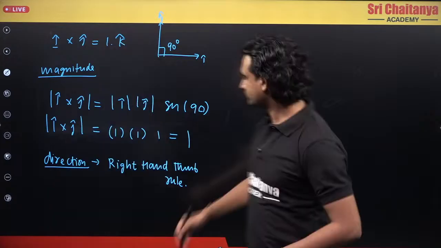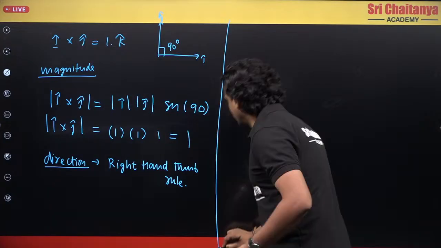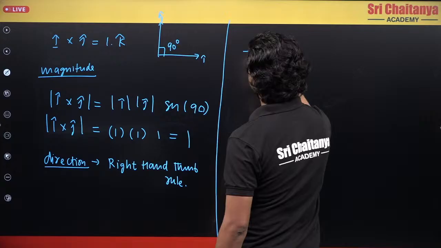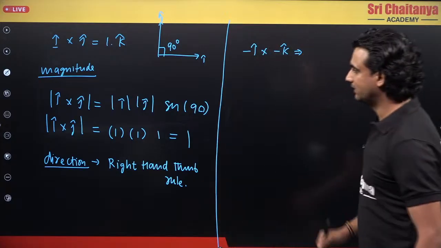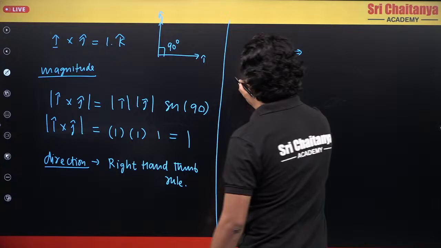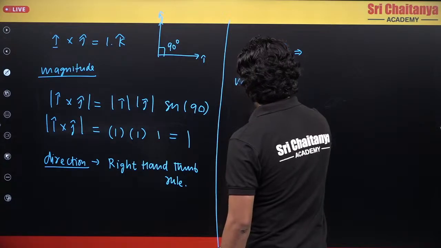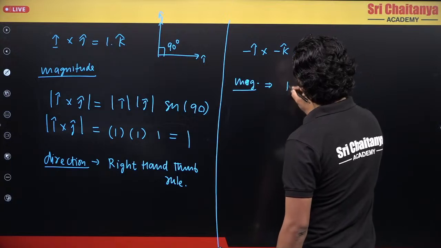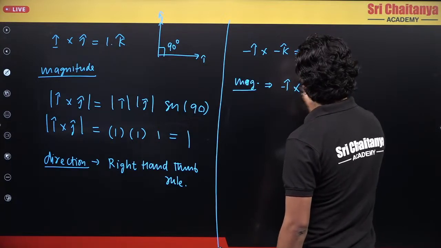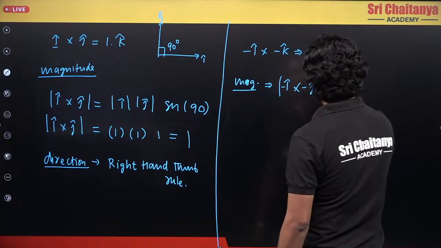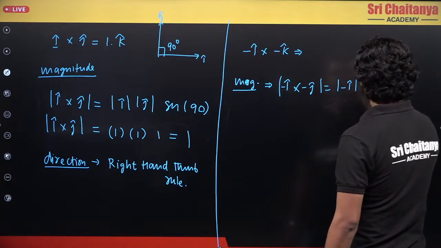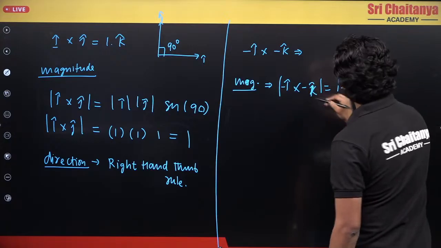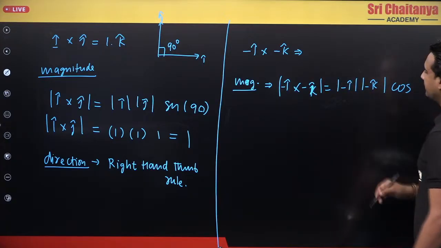Next, let's suppose I want to find minus i cross minus k. Again, I need the magnitude part. The magnitude will be equal to mod of minus i, mod of minus k, into sine of the angle. Now, what is the angle between minus i and minus k?